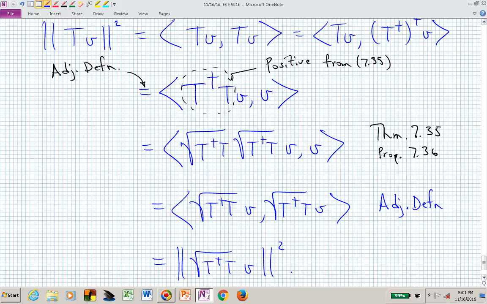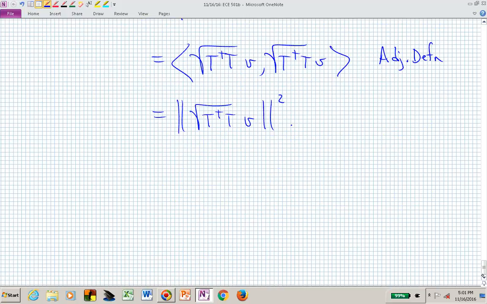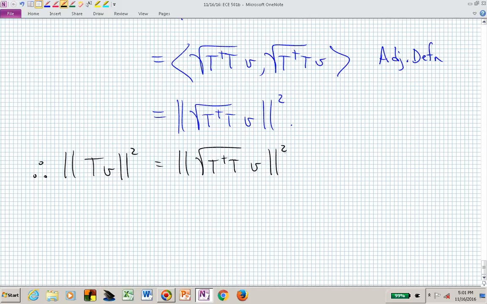What does that tell me about the map T and the positive square root of T dagger T? Let me write that down here. I now have said, therefore, the norm of TV squared is equal to the norm of the positive square root of T dagger T V squared.